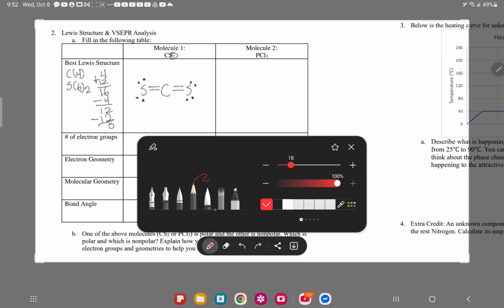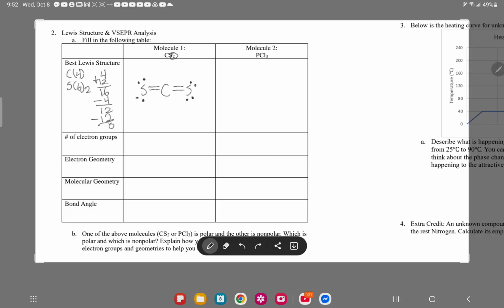Alright, another way to check this, we can check the formal charges if we want. So S is going to be 6. We have 2 bonds, and we have 4 free lone electrons. Alright, so this should come out to 0. It should be the same for both sides.